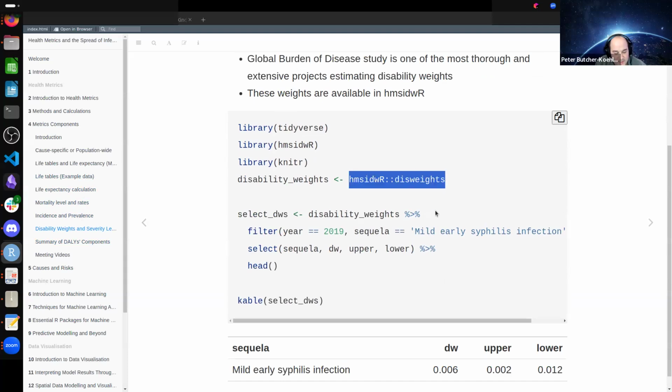Because this is the one that is in the chapter, right? Do we have more granularity? Are there some tables within the package that have more granularity?